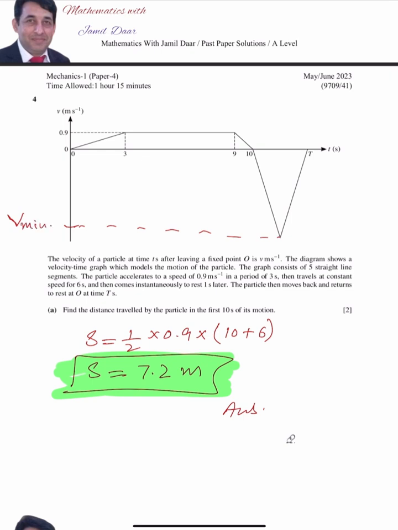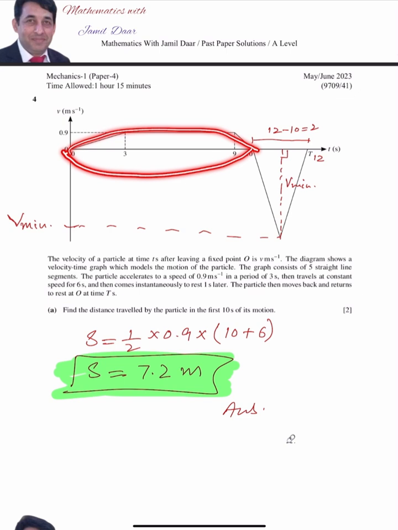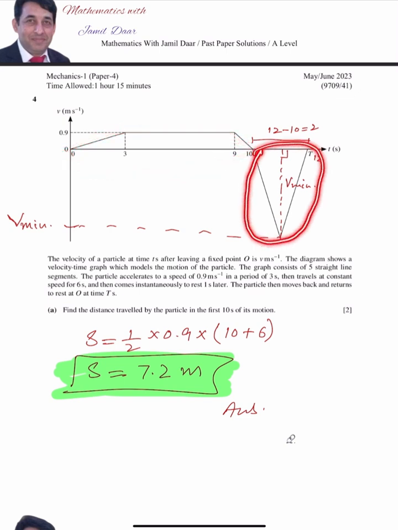If this is 12, so this would be 12 minus 10, this is equal to 2. And the perpendicular height of the triangle is V minimum, right? And as this distance is 7.2, so when it comes back, this would also be 7.2. That means the distance covered by this triangle is 7.2 meters.